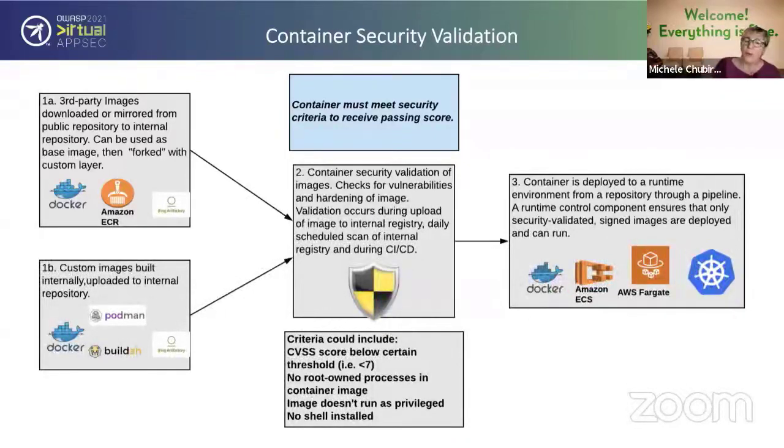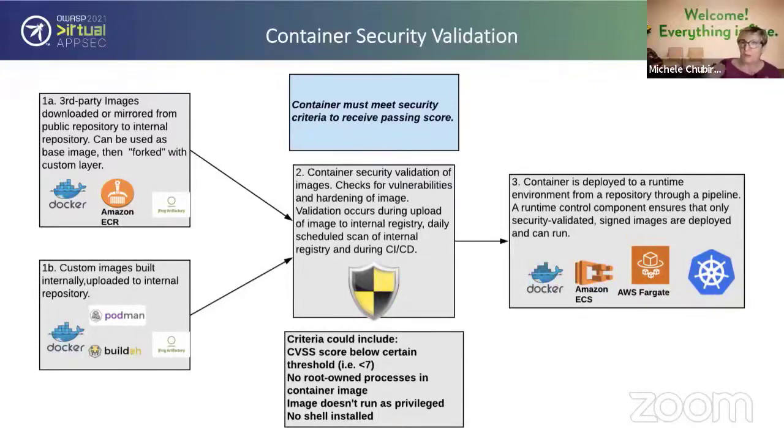So what do I mean when I say container security validation? What that means is the container has to meet a certain set of security criteria to receive a passing score, right? And that includes certain elements. In my experience, what I've used is an overall CVSS score.